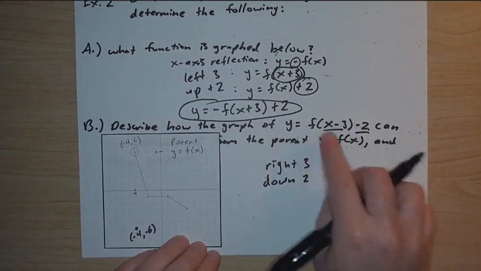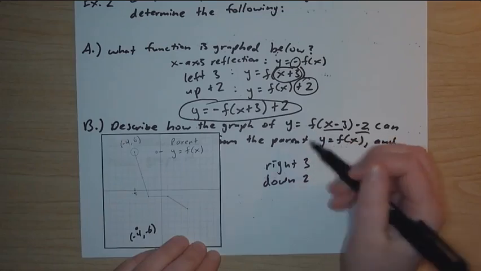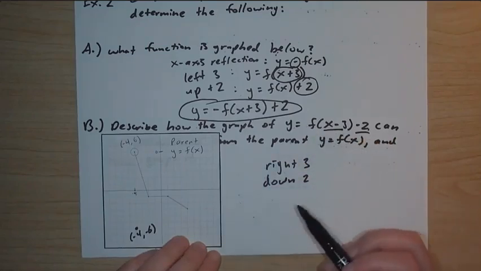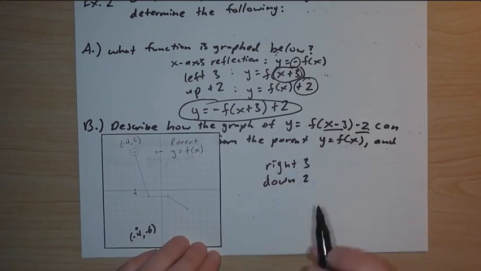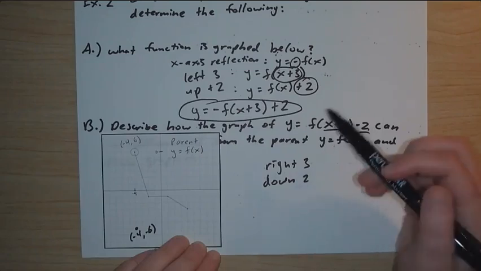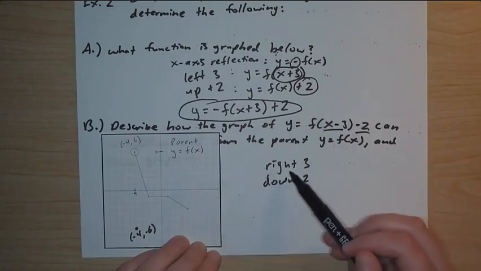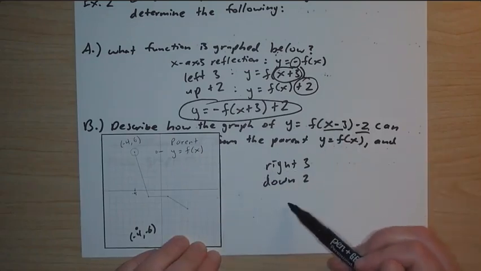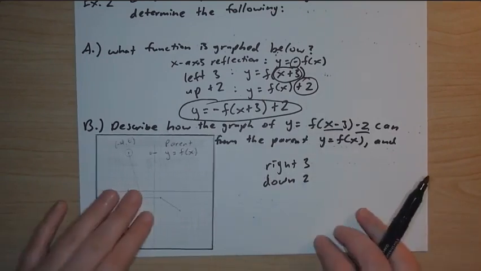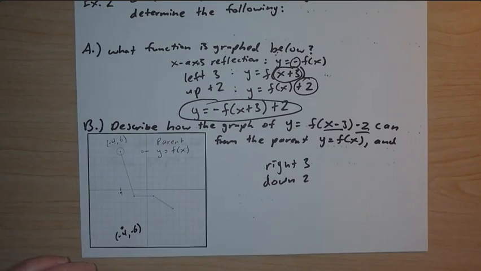There's no negatives anywhere. For example, there's no negative here. There's no negative inside. There's no compression or vertical thing that's being multiplied anywhere. So these are the only transformations that are taking place. We're going to take our parent function and move everything to the right 3 and then downwards 2, just like we've done for the other ones. So now we're going to graph it.